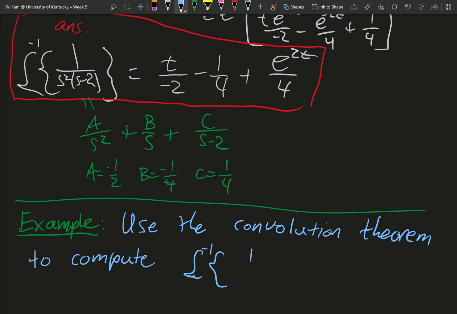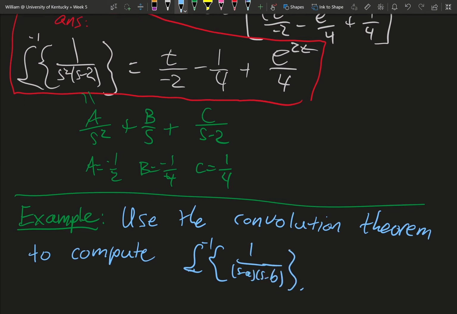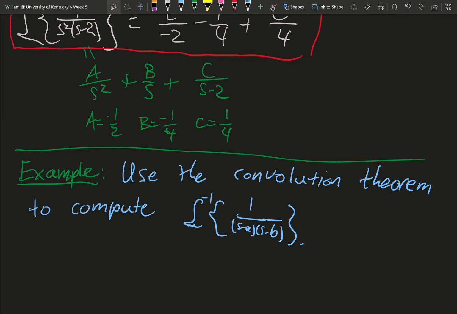Let's do another example. Compute an inverse Laplace transform that we tend to see a lot: 1 over s minus a times s minus b.